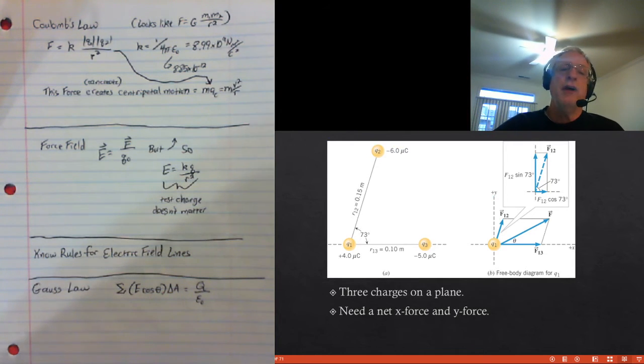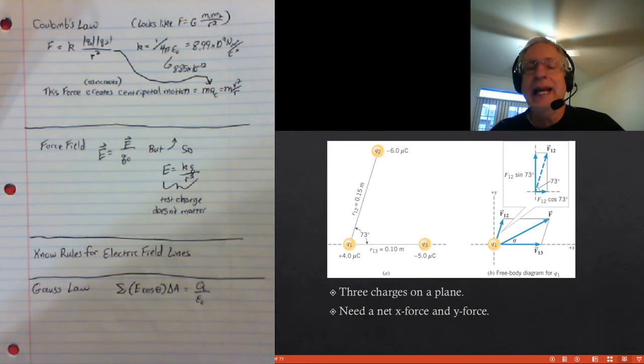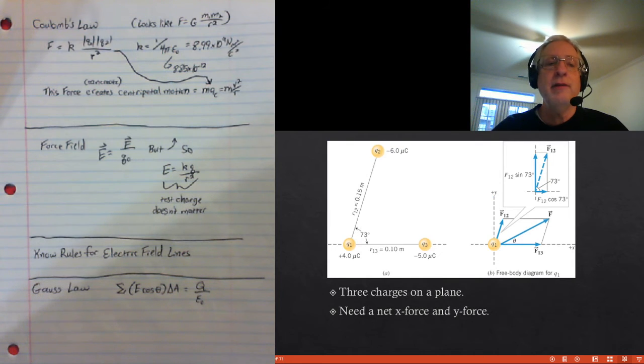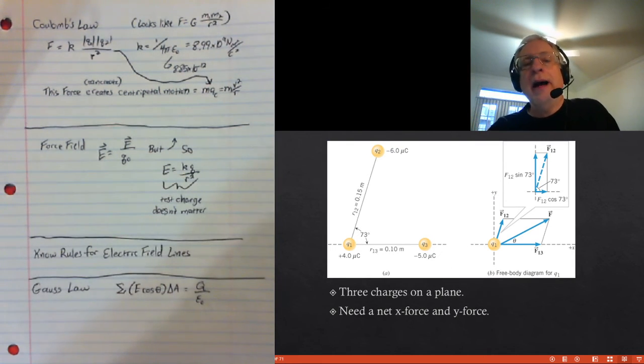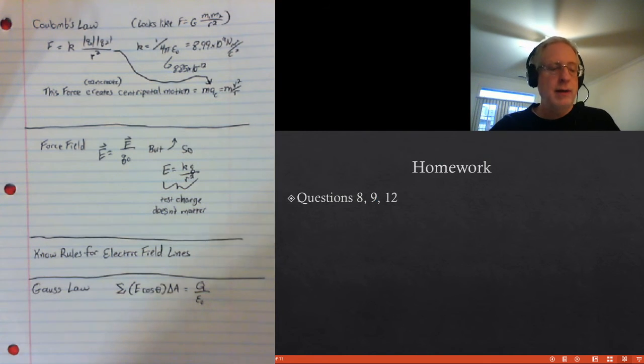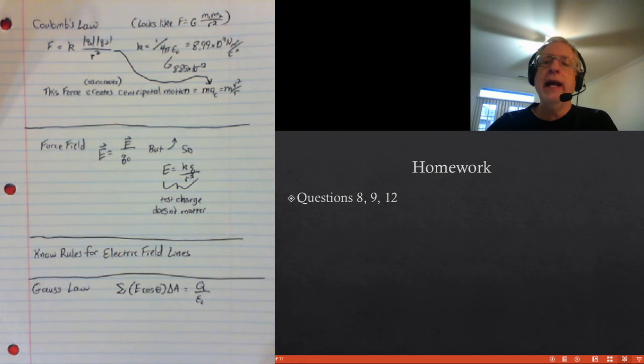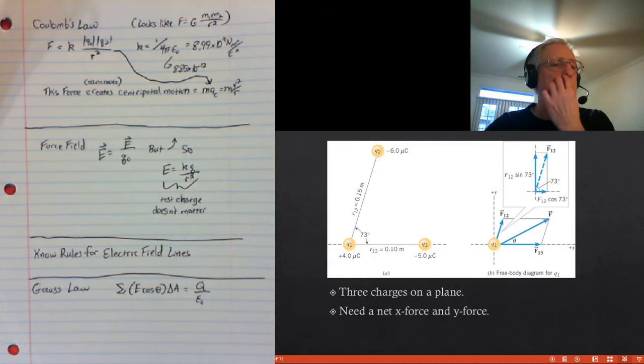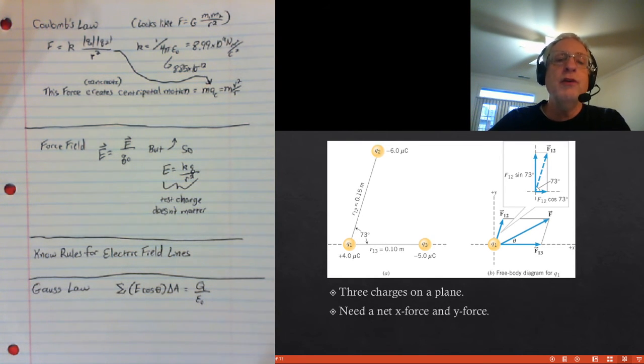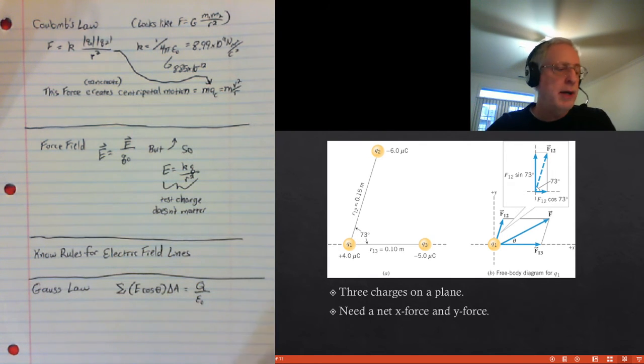Now, if the charges are not in a line, if they are in a plane, then it's not as fun, because then you have to do x and y components of each interaction. I give you some examples in the book and I will give you the answers to these questions. All I want you to understand is that for this question, force 1,3 is in a line, but force 1,2 is not, and force 1,2 will have an x and a y component.